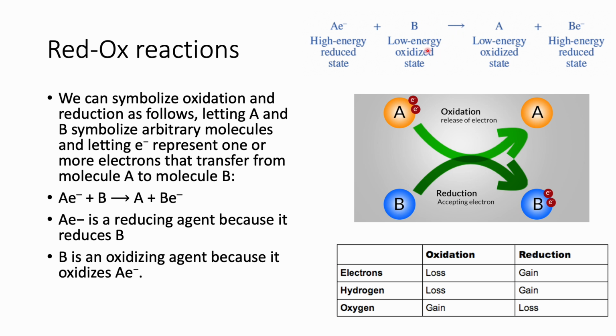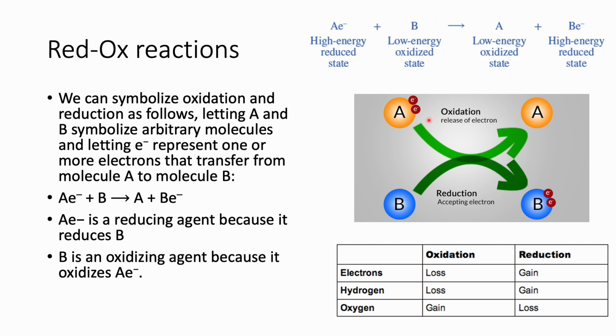You have a low energy oxidized state. When A and the electron becomes A, now it has been oxidized. Where here B, we gain an electron, so now it has been reduced. So these electrons on A are transferred to B.